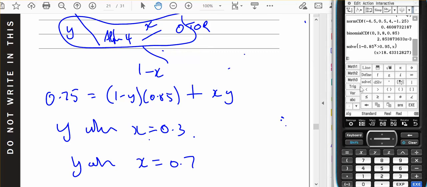So on my calculator I've got 0.75 equals bracket 1 minus y times 0.85 plus xy, math 3 given x equals 0.3, solve for y.